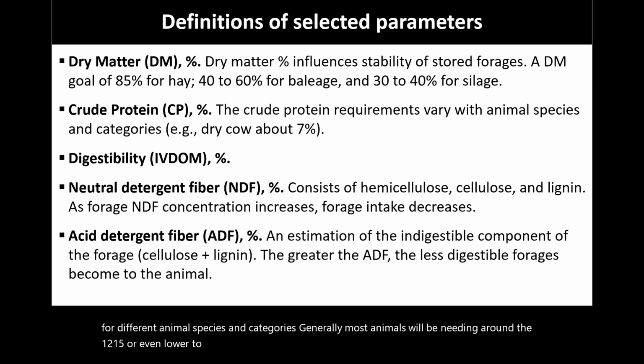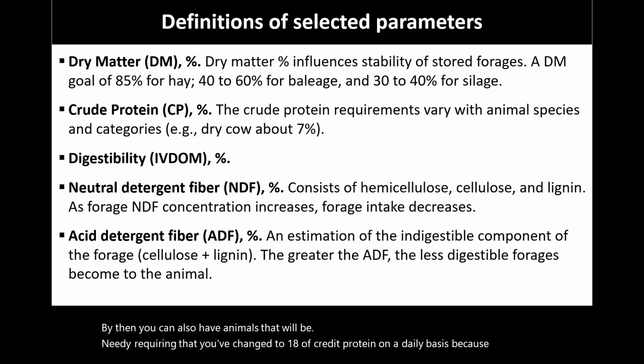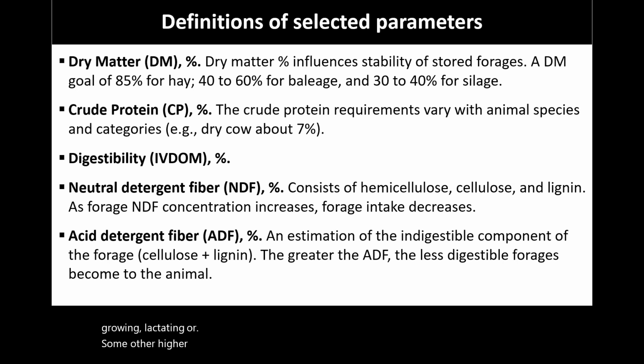For example, a dry cow might need less than that. But you can also have animals requiring 15–18% crude protein on a daily basis, because they are growing, lactating, or have some other higher needs. And we need to balance the crude protein and the energy that they're going to be receiving as well.